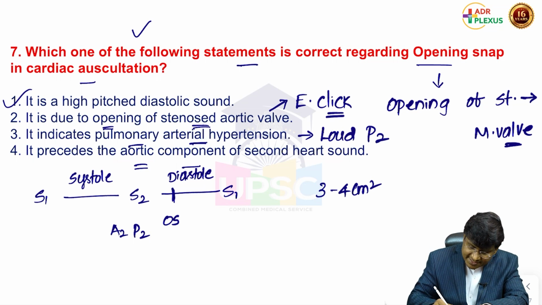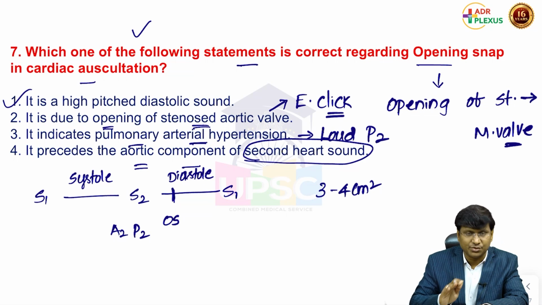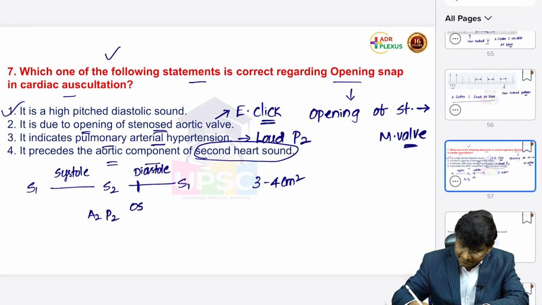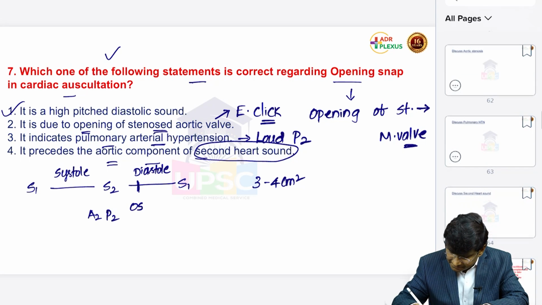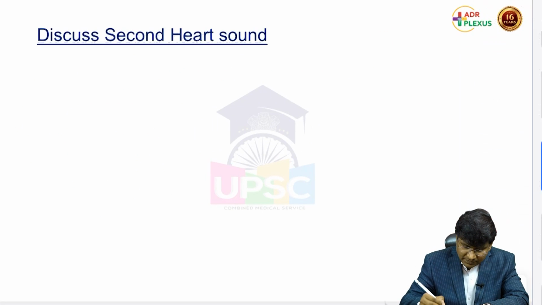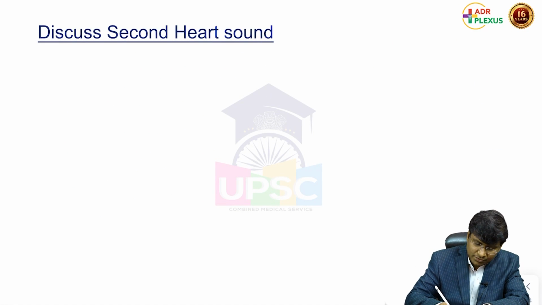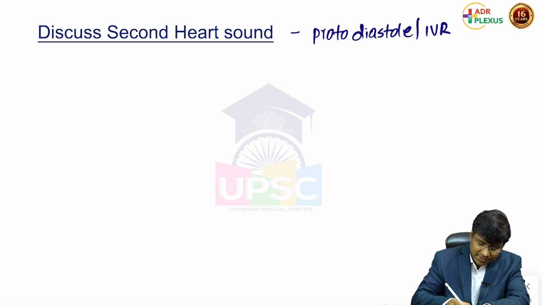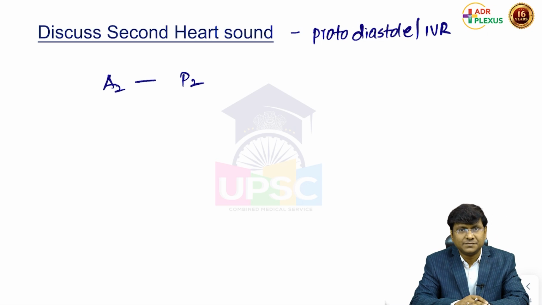And let me discuss a few points about the second heart sound, which is very important for the discussion. If you take the second heart sound, it is heard during the protodiastole, or during the isovolumetric relaxation phase, and it has two components, A2 and P2, right?